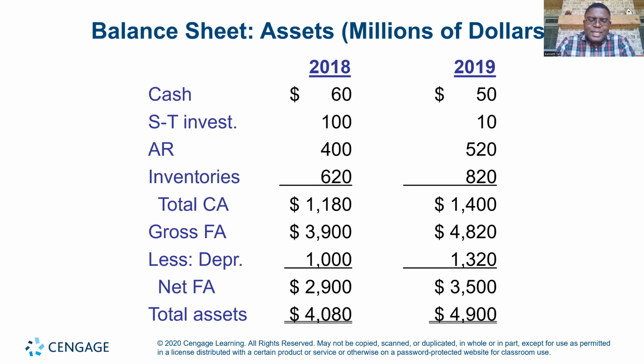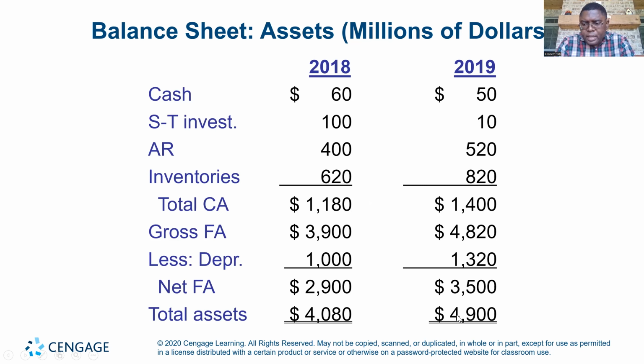So for 2019, we find that total asset is at 4,900 million. So what is going on with total asset? We can see that there is a huge growth in total asset. In 2018, it was at 4,800 million.